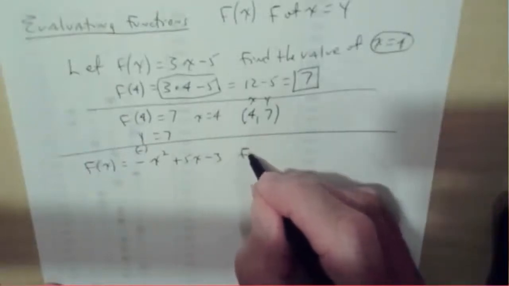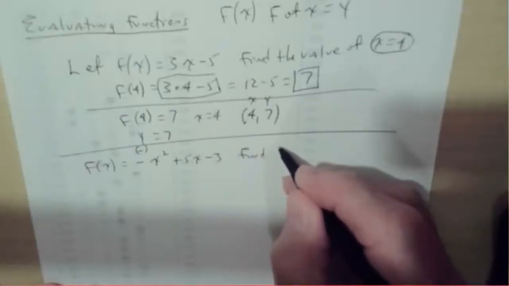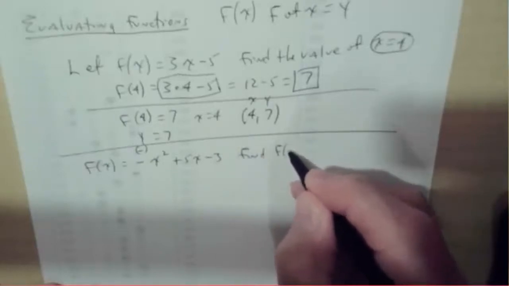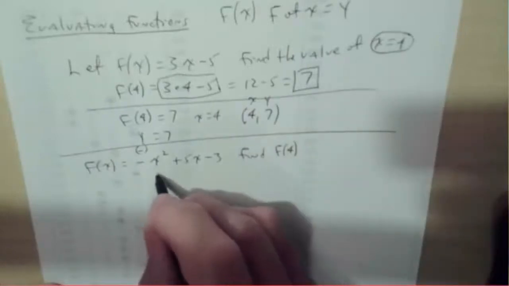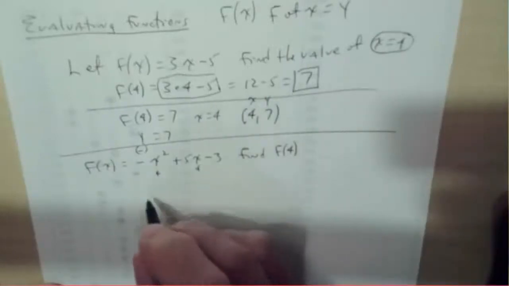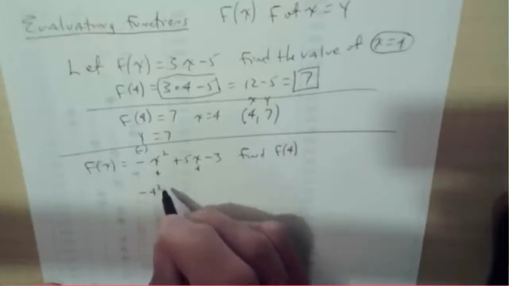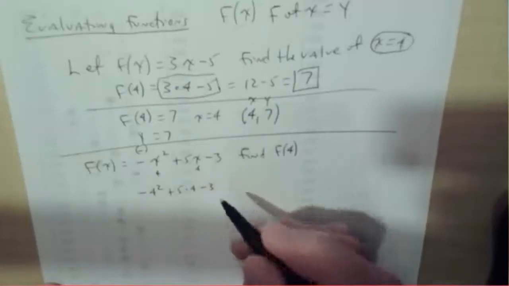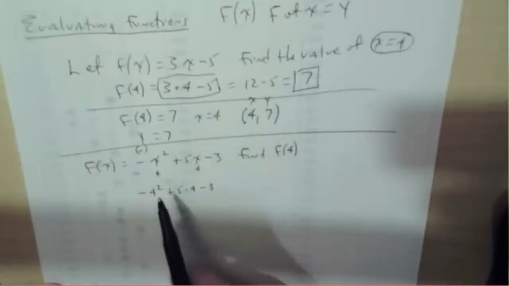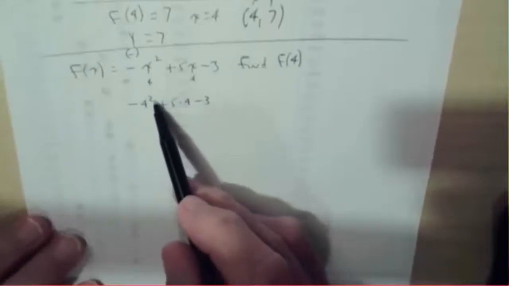Find the value of f of 4. So wherever there's an x, we're going to plug in 4. So we have negative 4 squared plus 5 times 4 minus 3. Now remember order of operations.